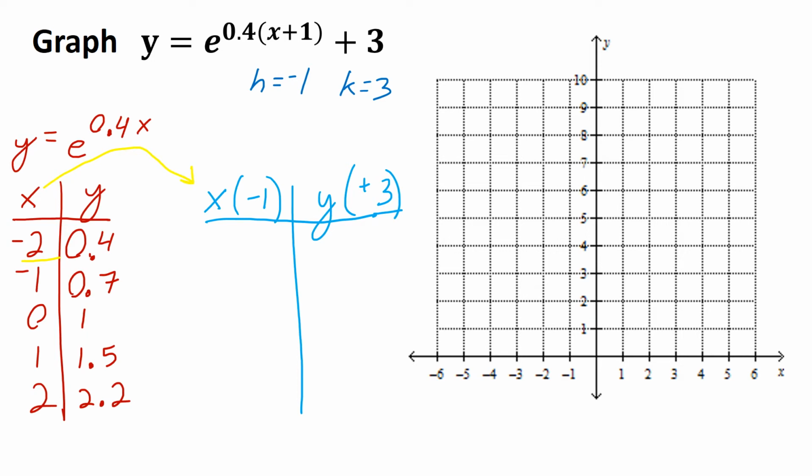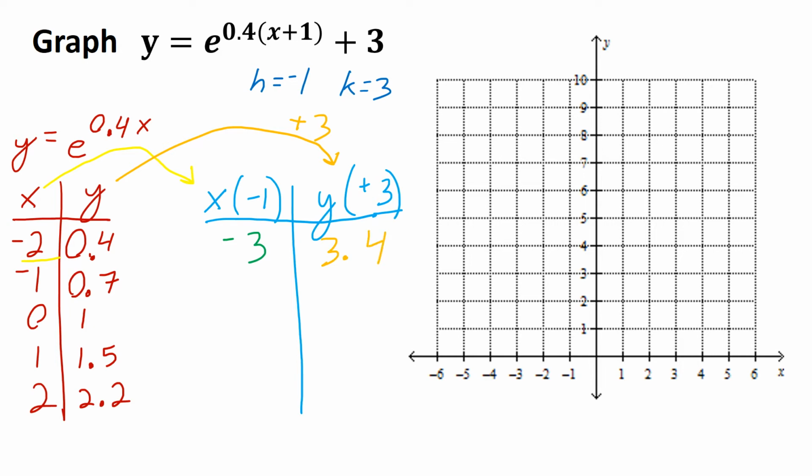And when I subtract 1 from it, it'll give me the point -3. For the y value, because the k is 3, I'm just going to add 3. So that gives me 3.4.